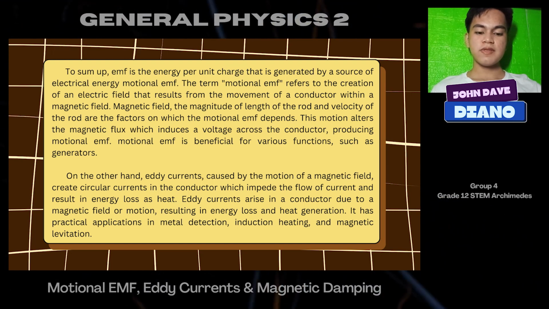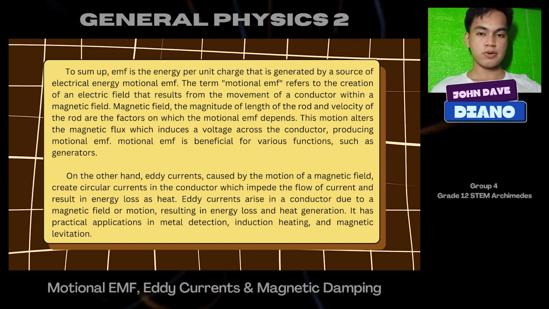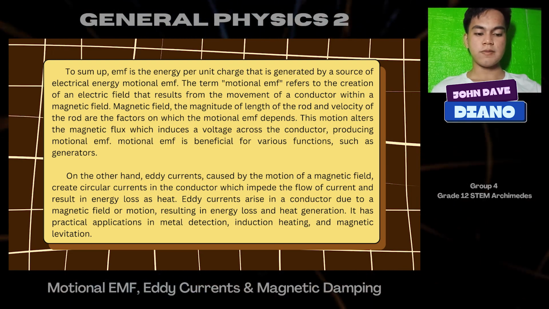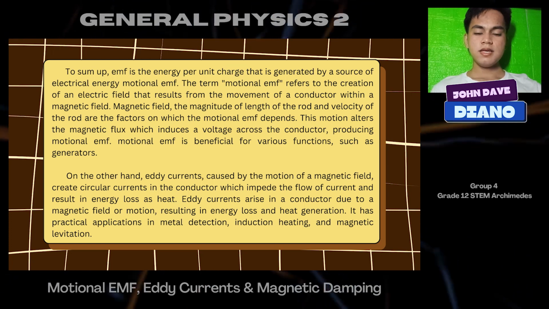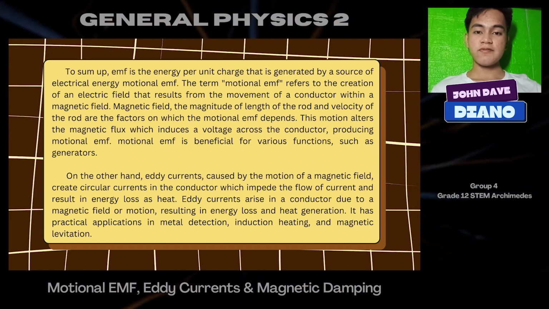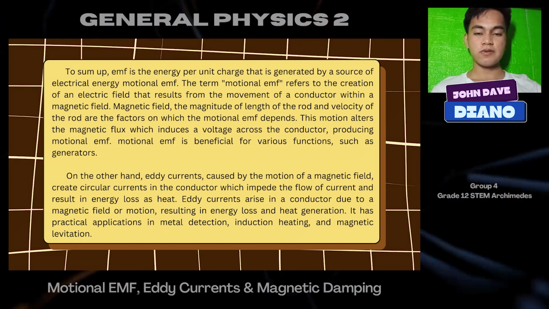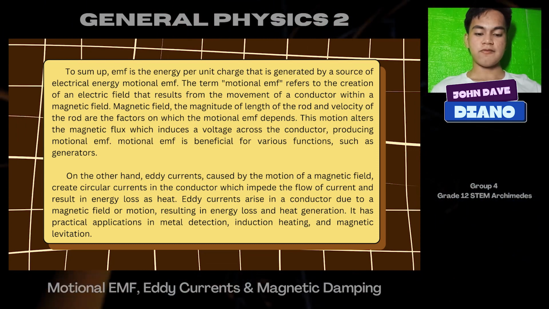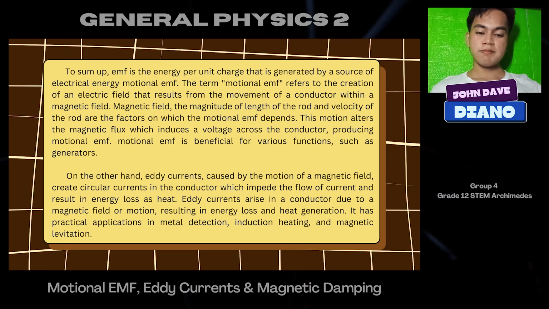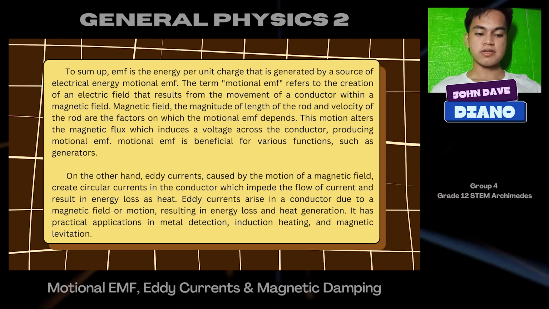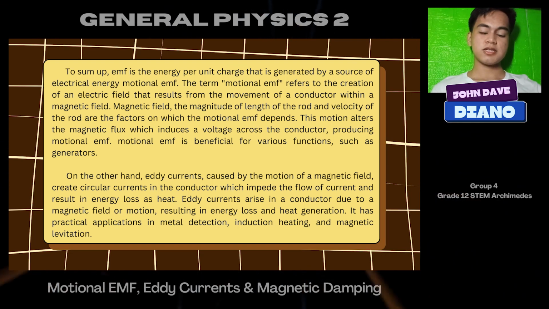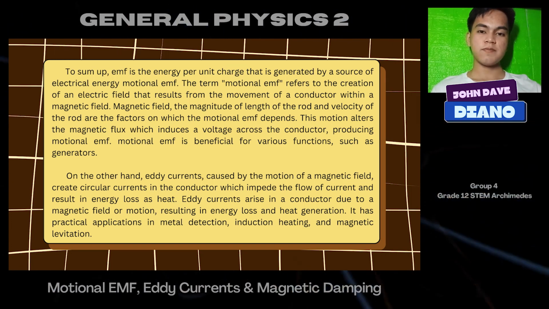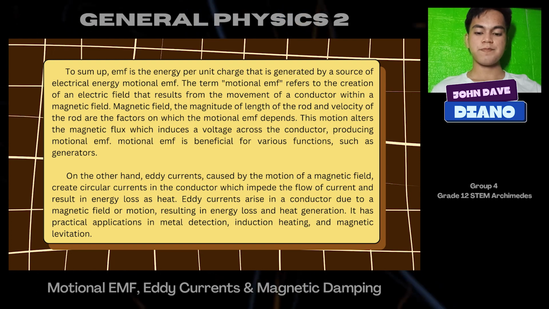The magnitude of the length of the rod or the conductor. 3. The velocity or the speed of the moving rod. This motion alters the magnetic flux which induces a voltage across the conductor, producing motional EMF. Motional EMF is beneficial for various functions, such as generators, which provide power or electricity to some of our households.